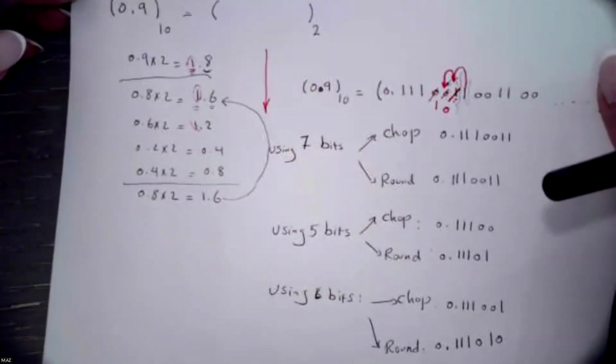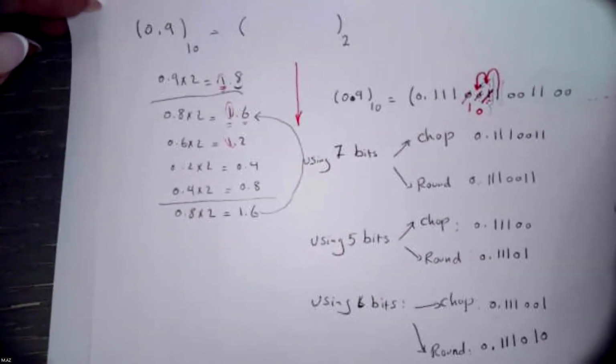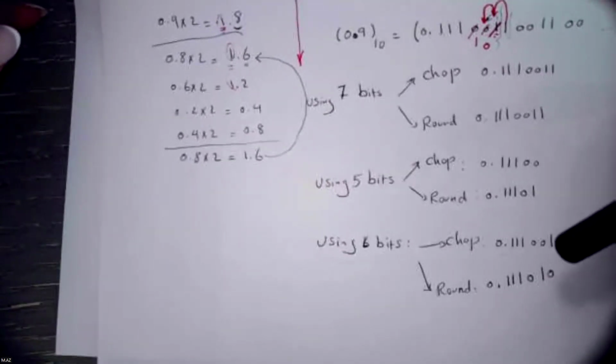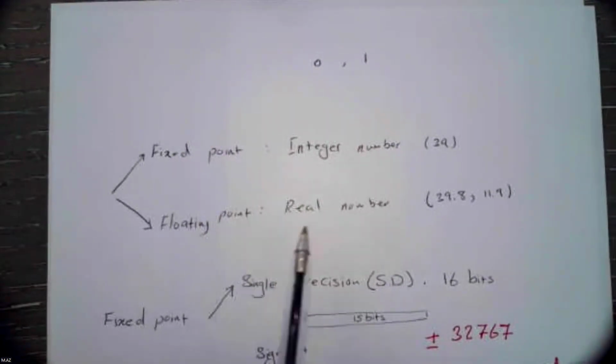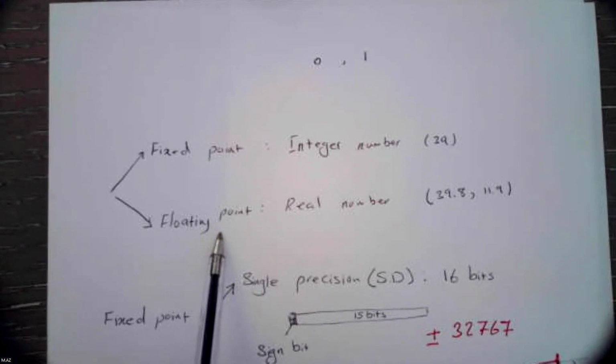And now we try to understand how we can store a fraction or real number on a computer. Okay, if you remember, I mentioned when we talk about the real number, it means we are talking about floating point.